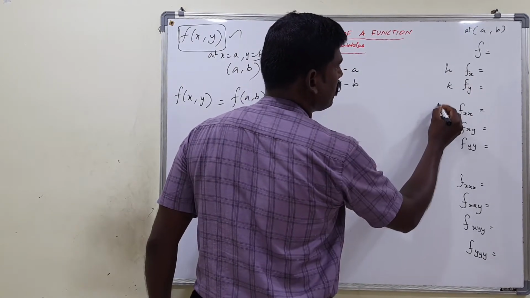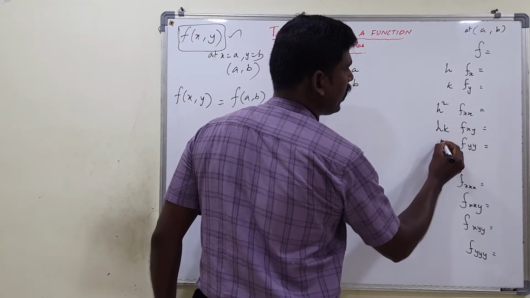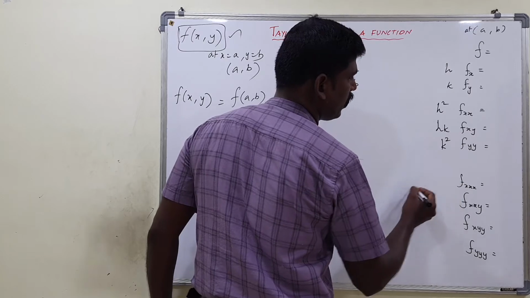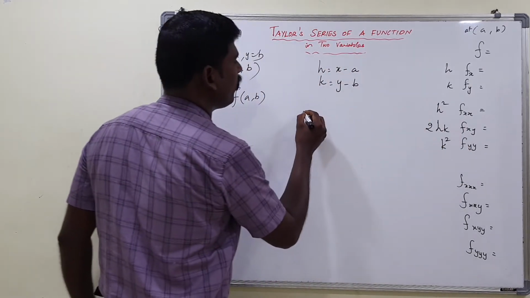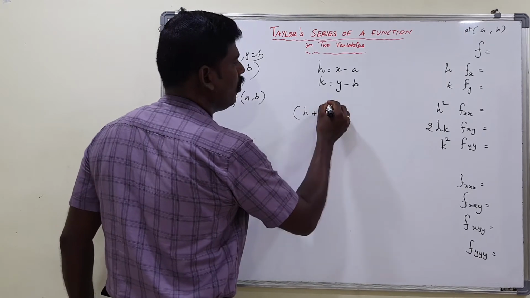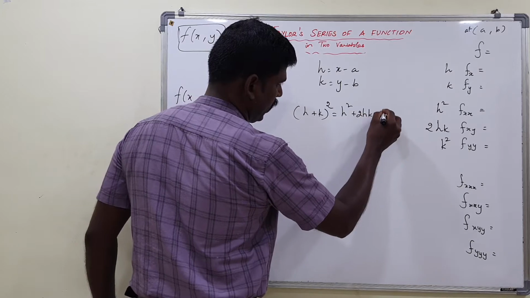Now, second order derivatives start with h square. Reduce the power of h and introduce k, hk, then k square. Same like that, 2hk. It looks like the form of h plus k the whole square. What is h plus k the whole square? h square plus 2hk plus k square, isn't it?